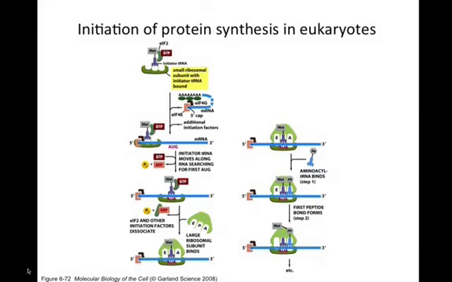Bring in your first tRNA and find your first AUG, right? So you have your small ribosomal subunit. It'll bind to the initiator tRNA, and that's brought in by another factor called EIF2, initiation factor 2.